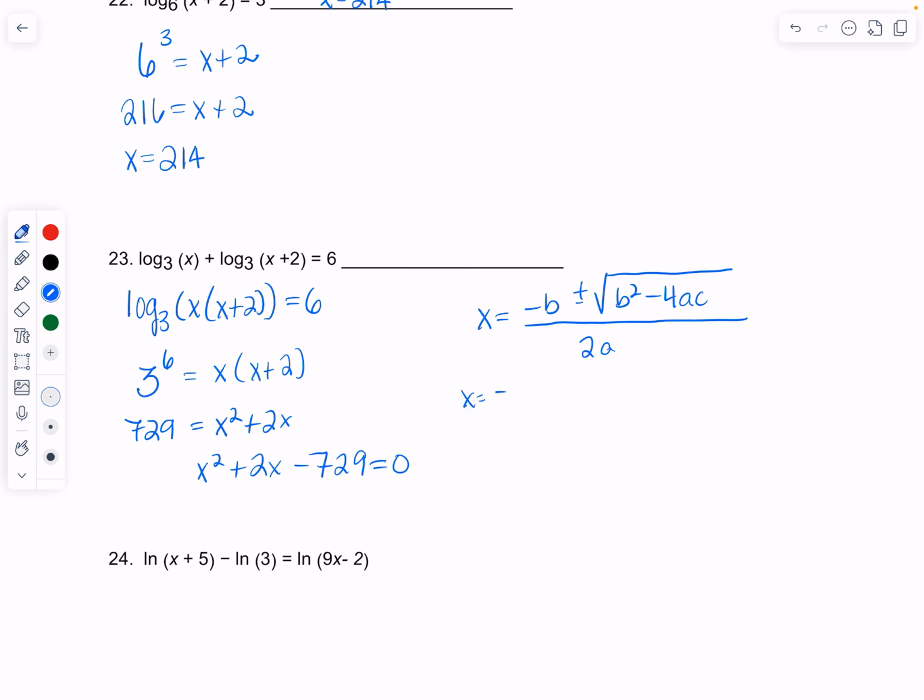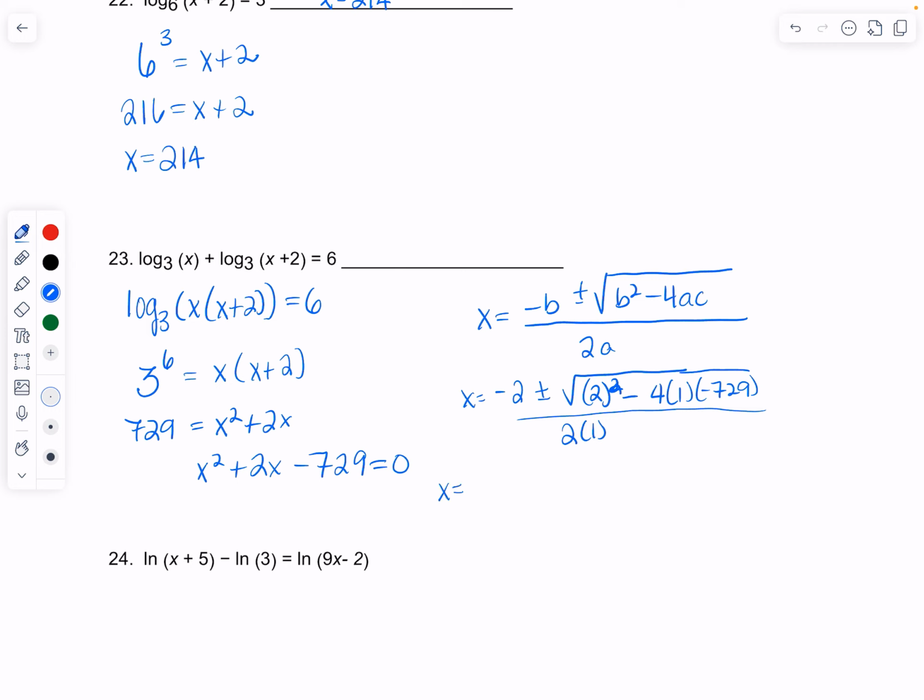So x equals negative b, which is negative 2, plus or minus the square root of b squared, so that's 2 squared, minus 4 times a, which is 1, times c, which is negative 729, and that's all over 2 times 1.